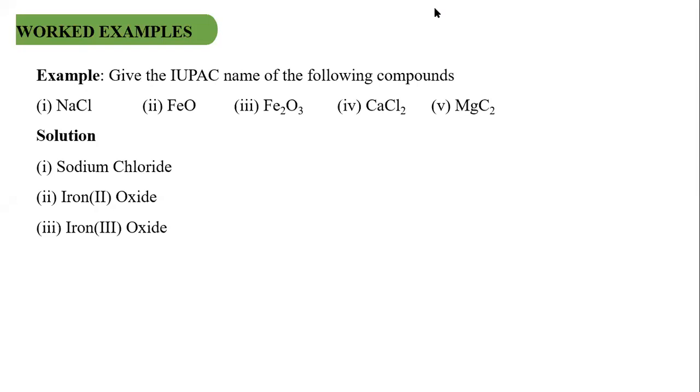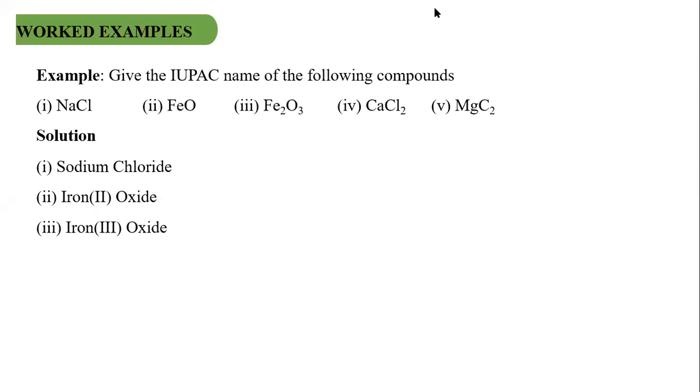Calcium chloride is excellent for 3 points. Now, I am happy that Peggy didn't say calcium 2 chloride. Peggy didn't say that. Calcium chloride, that's all. Why? Because calcium is not an element that shows variable oxidation state. So take note of that.